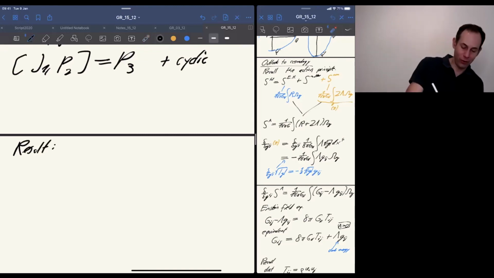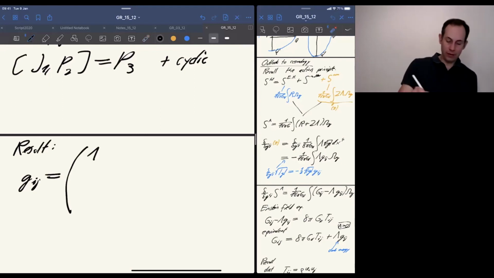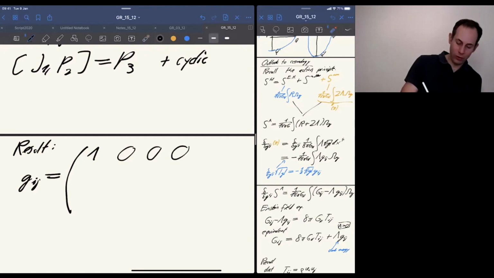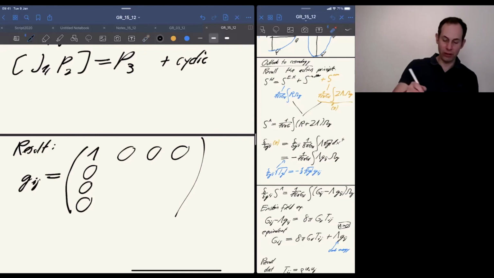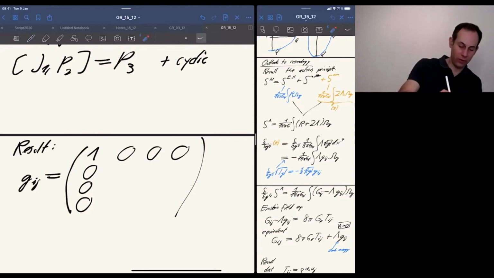That somehow follows from the assumptions, but it has to have the following form. The metric has to have the form that is a 1 here, in appropriate coordinates. So the statement is there exist coordinates in which the metric is such that time has no scaling.